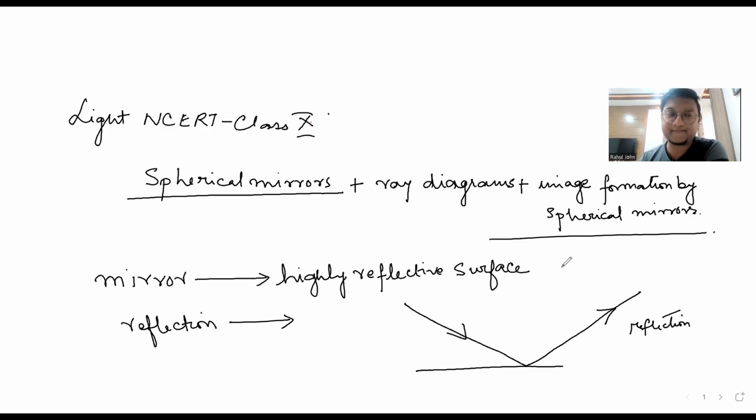So now let's come back to reflection. So now you understand that if there is a surface which is highly polished, then the ray of light, when it is incident. Now let me tell you what is incidence.